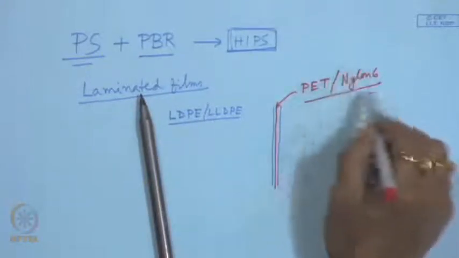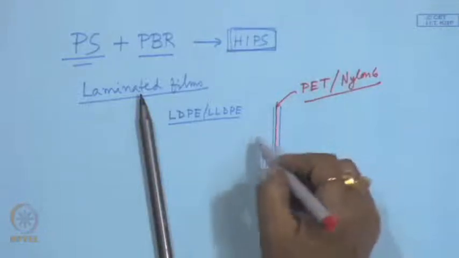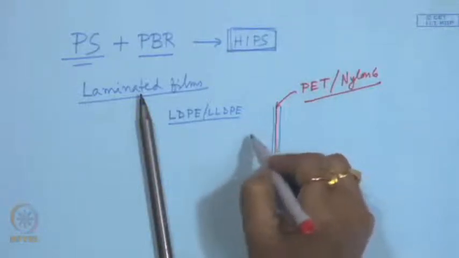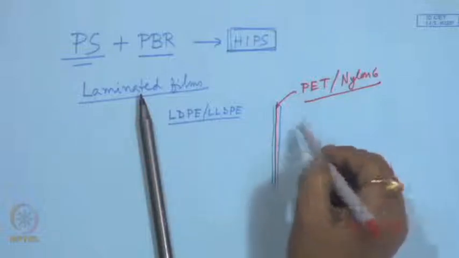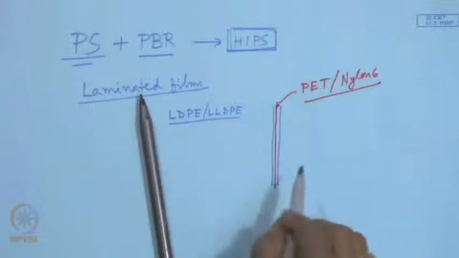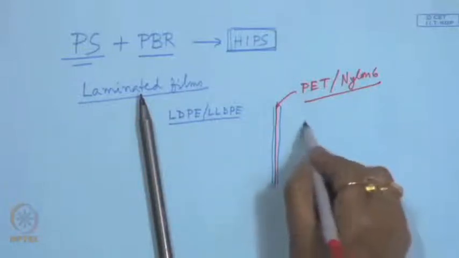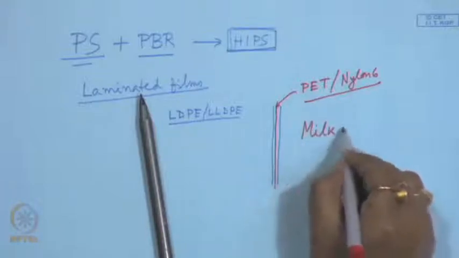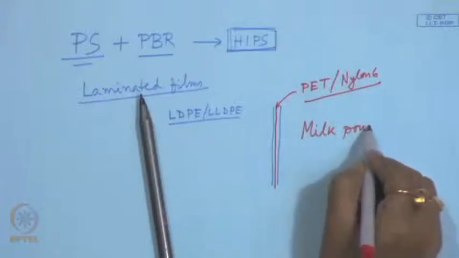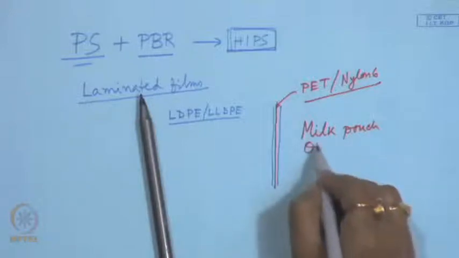This helps in developing the barrier properties in between the LDPE blend. So, this is a laminated film, basically this milk pouch or oil pouch.